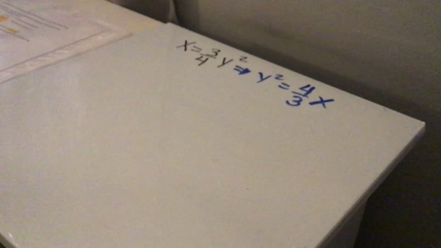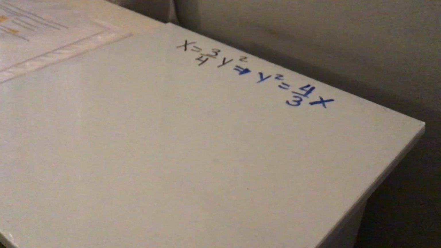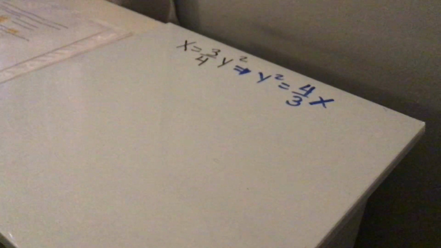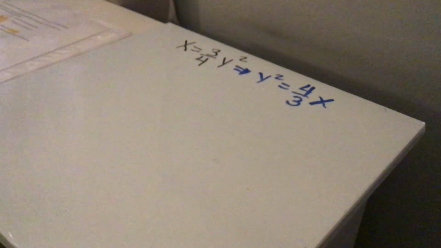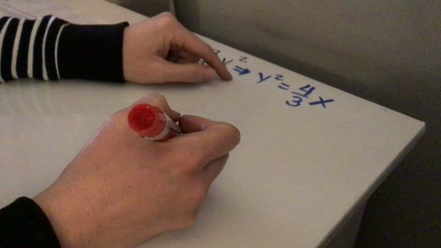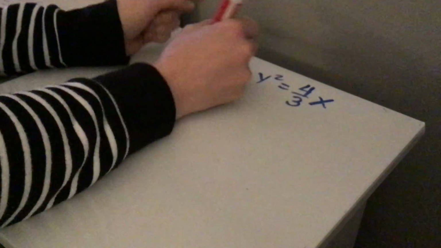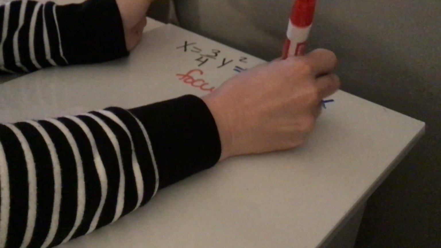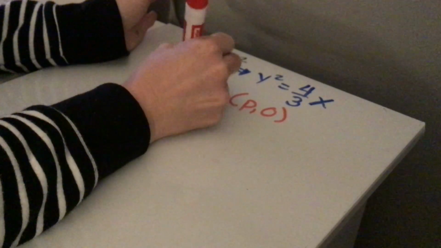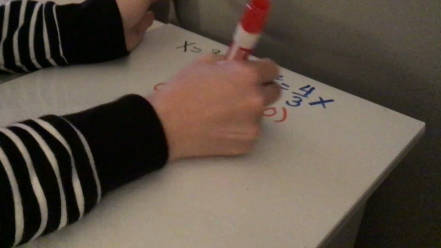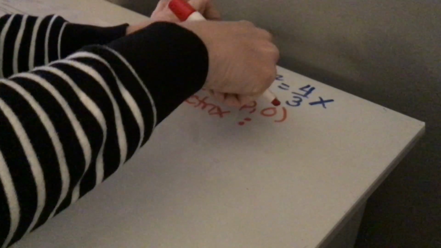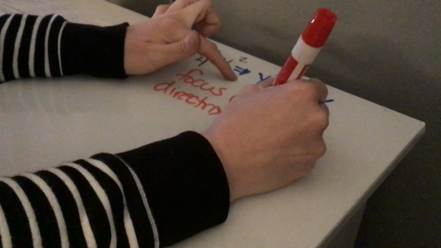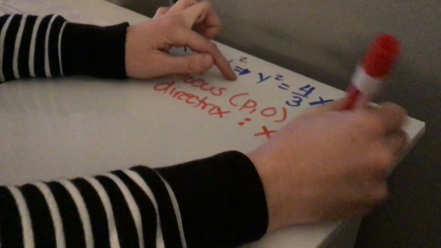Then, to find the focus and the directrix, you need the value for p. Okay? Because y is squared, that means that the focus is at (p, 0) and the directrix is x equals the opposite of p.